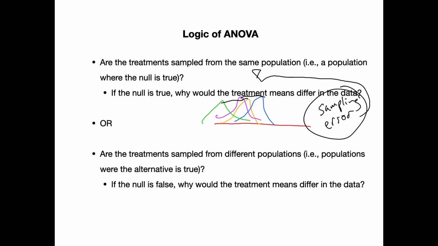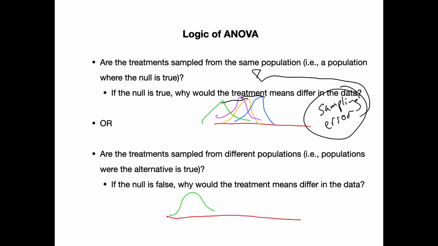If the alternative is true, then are the treatments sampled from different populations? If the alternative is true and there are some differences amongst the means, why would the treatment means differ? Let's think about that again.